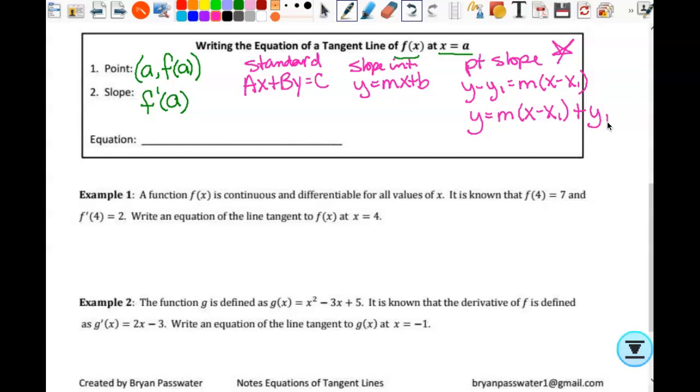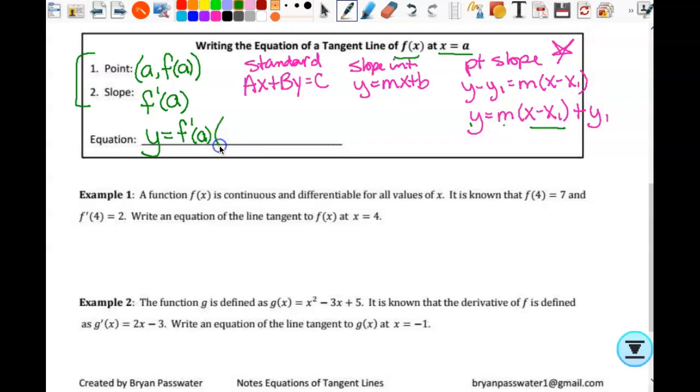Okay. Which means that if I want to write this, now we're going to write this and it's going to look super crazy, but we're going to put the stuff in there from here, using these 2 things. So my equation would be y equals, my slope is f prime of a, right? So I've got my y and I've got my m. Then I'm going to do this part right here.